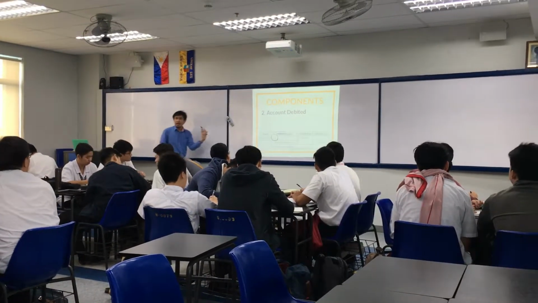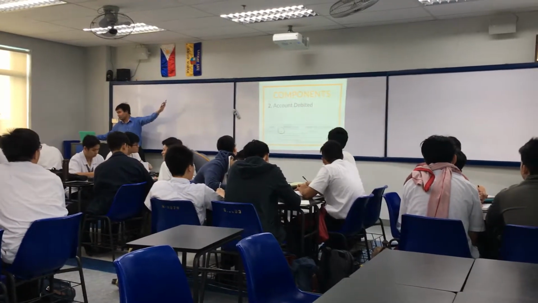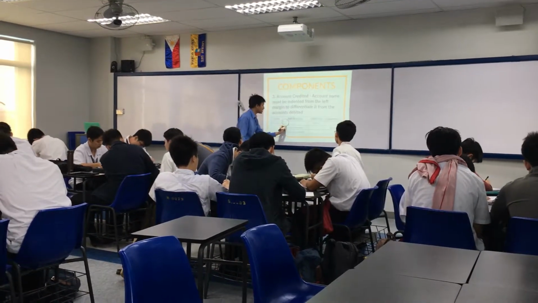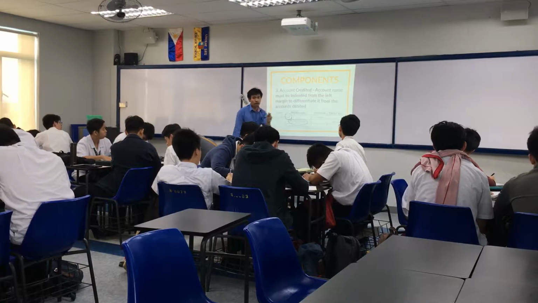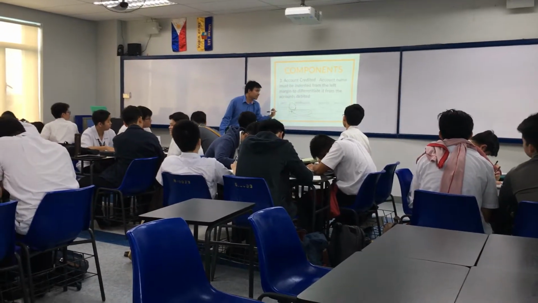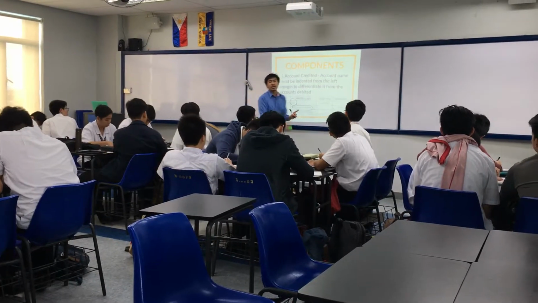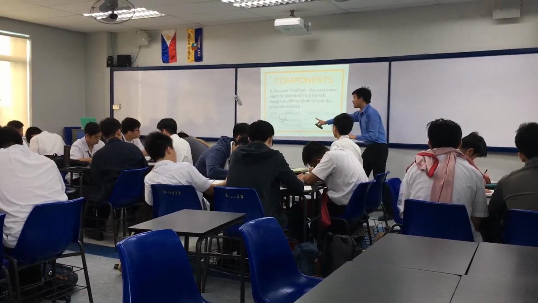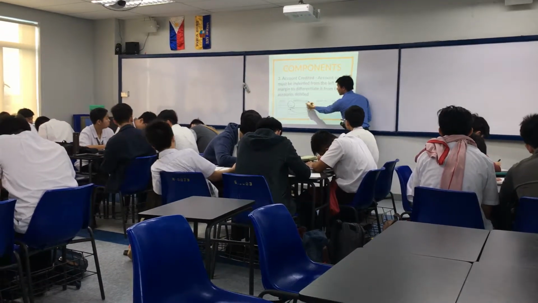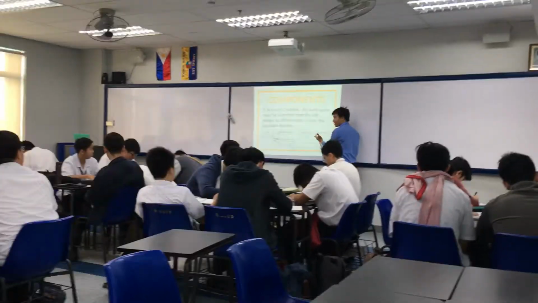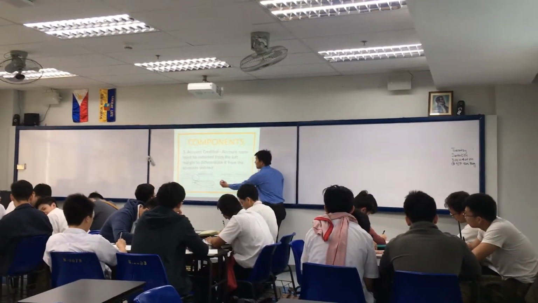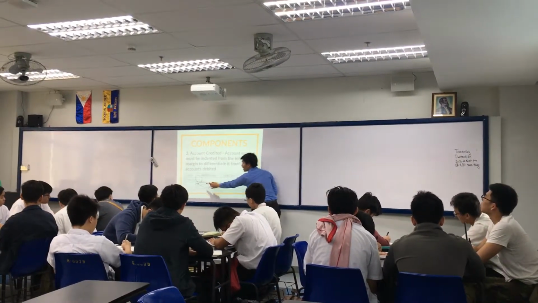And then the third component is the account that you credit. And the account that you credit here is accounts receivable. Why is it indented? Because the credit account is always on the right side. Here, the debit is on the left. Particulars, debit, credit. So the credit account is on the right side. That's why you indent the credited account here.